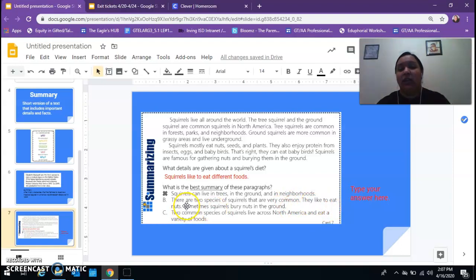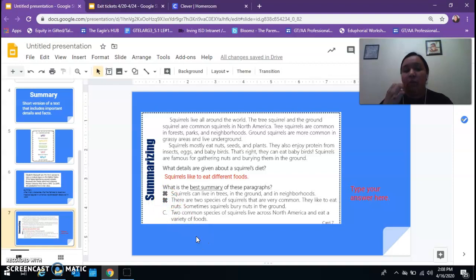They're giving me extra details. This detail, sometimes squirrels bury nuts in the ground, is just a supporting detail. So it's not really focusing on the central idea, which is what we want in a summary. So I am going to X B out.